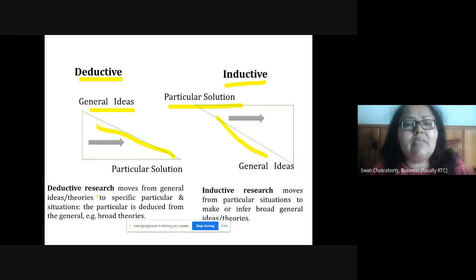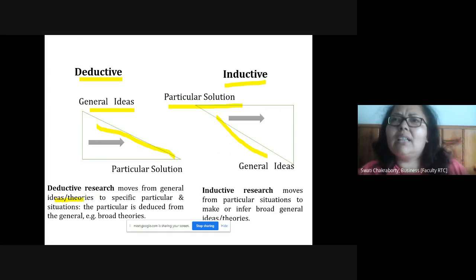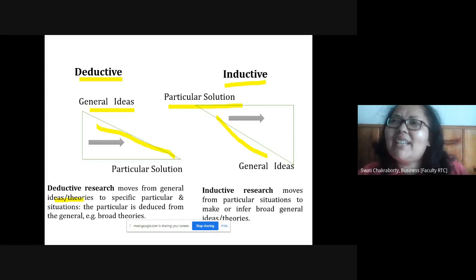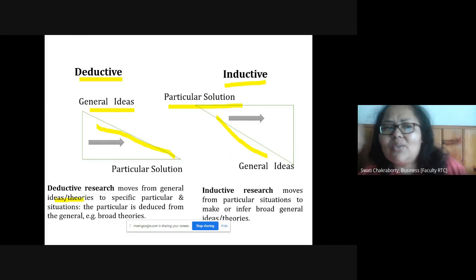So deductive is, let's say for instance, the demand theory, what does it say? That when price increases, the people start demanding less, right? So then we know there's a theory, we start testing it. Is it really true for everyone? So we start looking into different people's behavioral pattern and then say, yes, it is there. So you're testing it to come up to that solution.